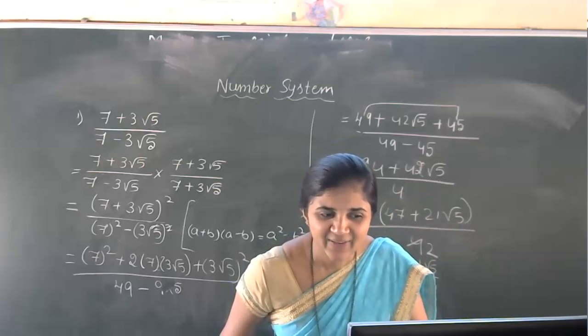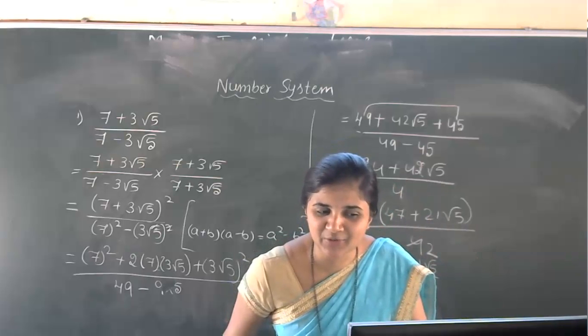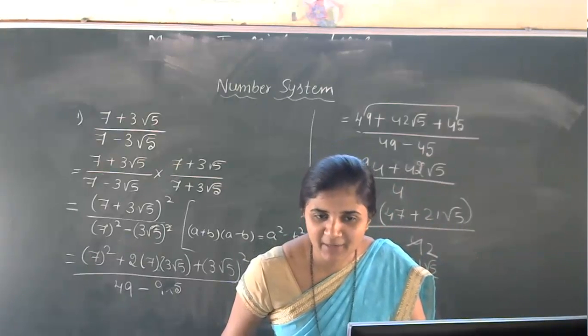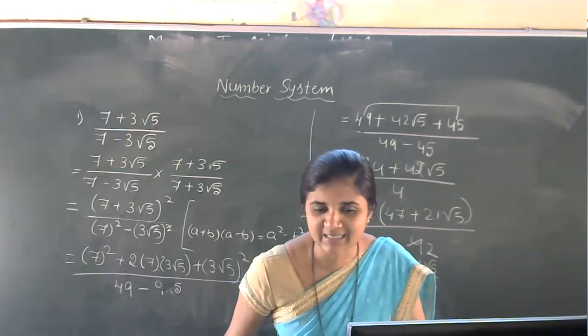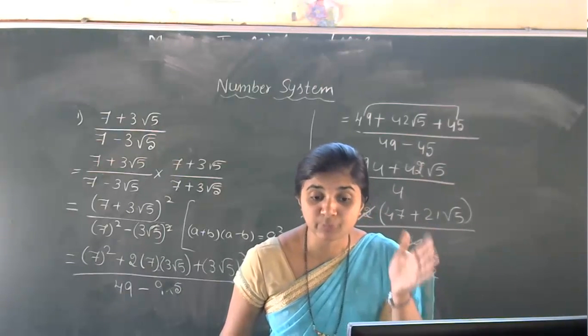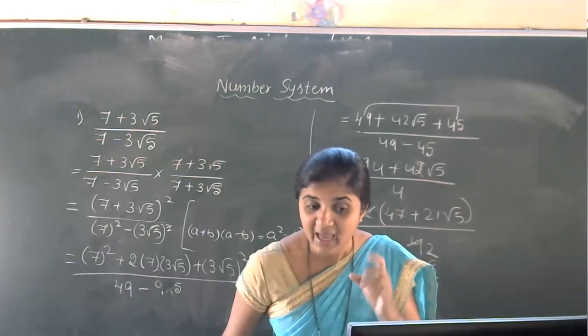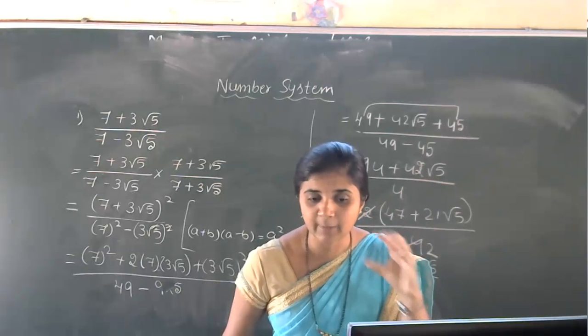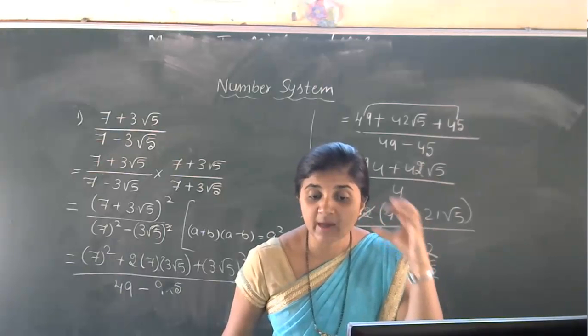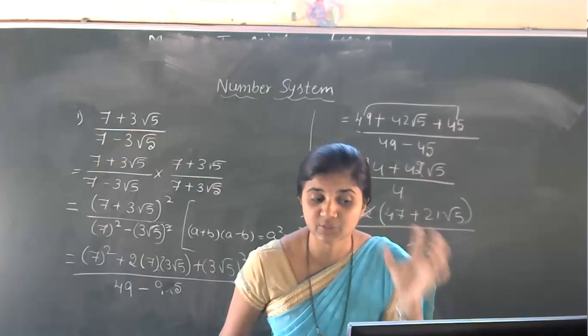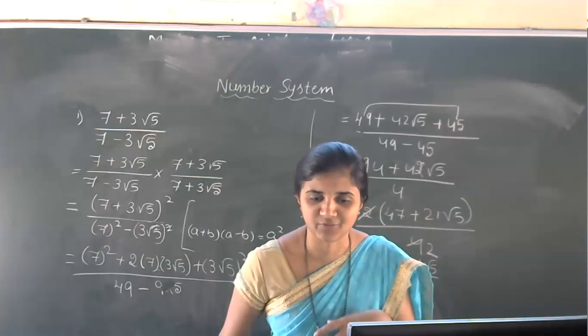You can keep 94 plus 42 root 5 divided by 4, but the perfect answer requires simplification. If it is possible to simplify, then you must simplify it, because whatever answer we keep in this problem must be a simplified answer. So half marks will be cut in the examination.